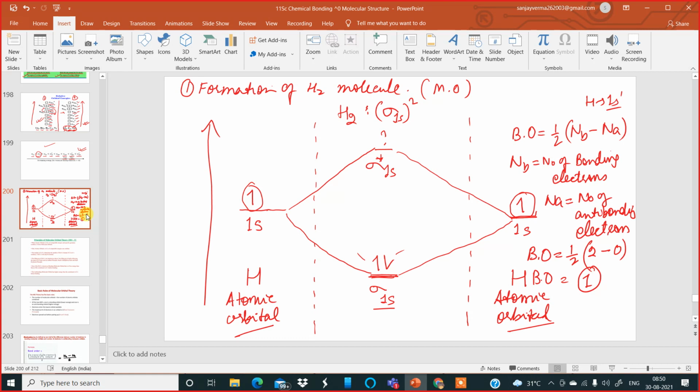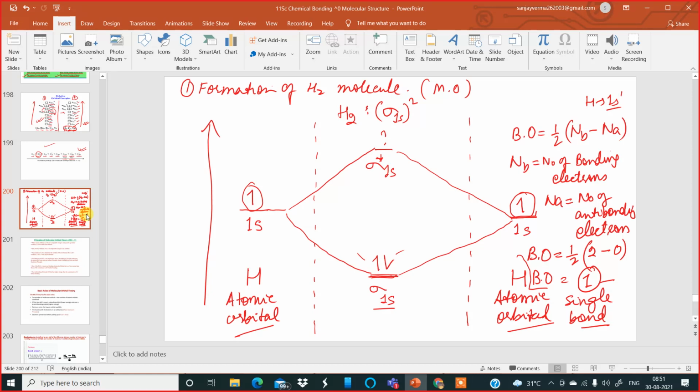What does this mean? The bond order of hydrogen molecule is coming to be 1. Bond order 1 means it is a single bond. And moreover, for bond order 1, the bond is positive. It makes the molecule stable.